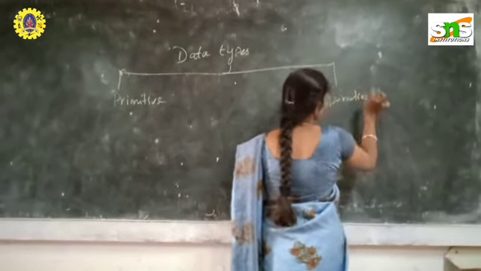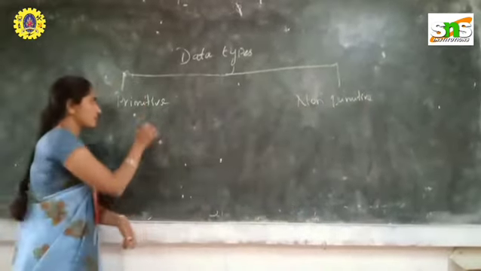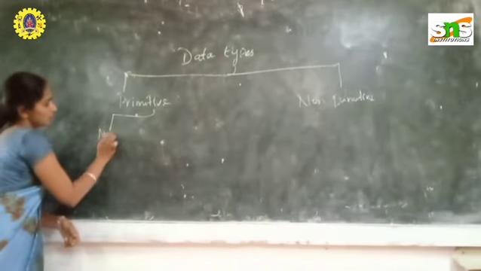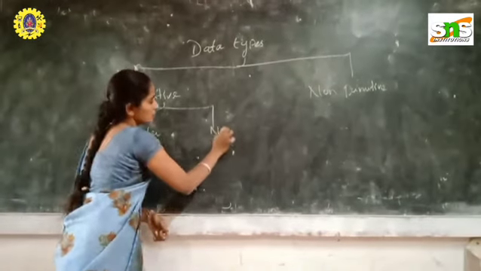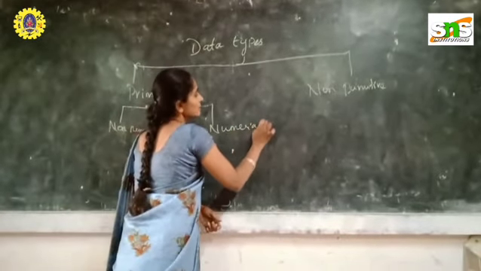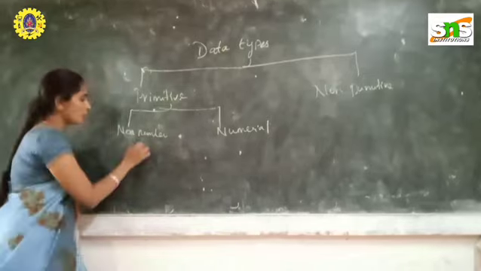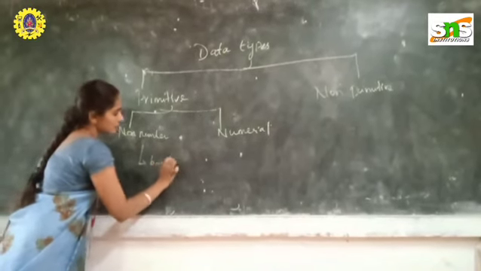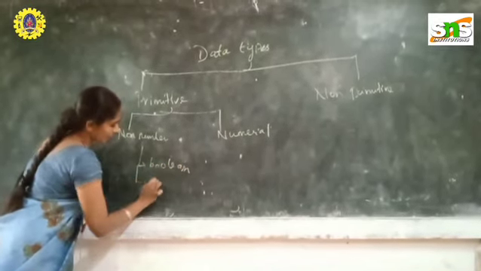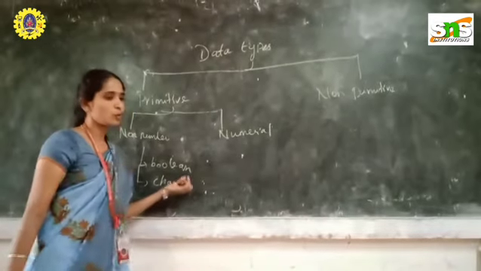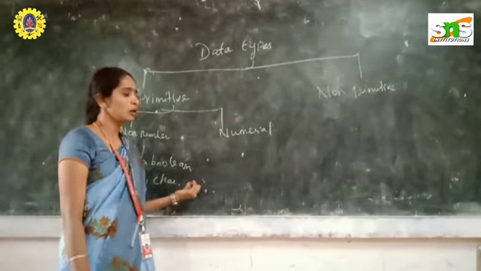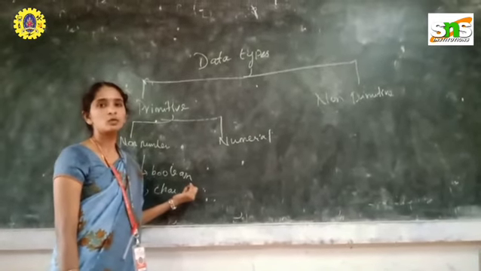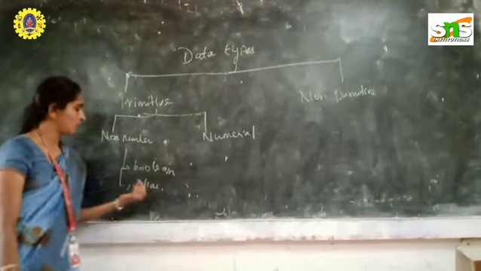In primitive we have two types: first non-numerical and the next numerical. In non-numerical we have Boolean and character values. Boolean will be either true or false. Character is used to define a single character value.